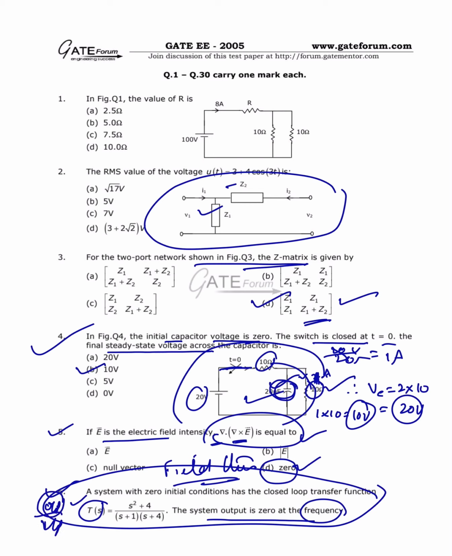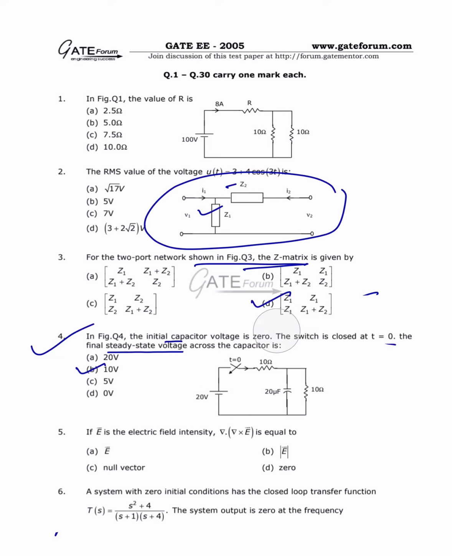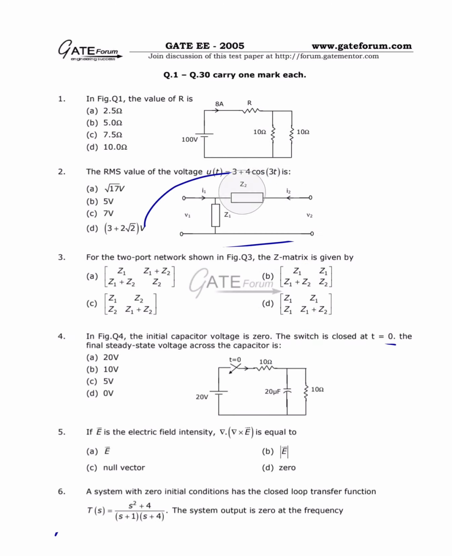So if output quantity is 0, then input is there. So this quantity must be 0 at what frequency? Substitute S equal to j omega, where omega is the angular frequency. Okay, then you can find. Later we will discuss this in depth in circuits itself, or that also comes in control systems.